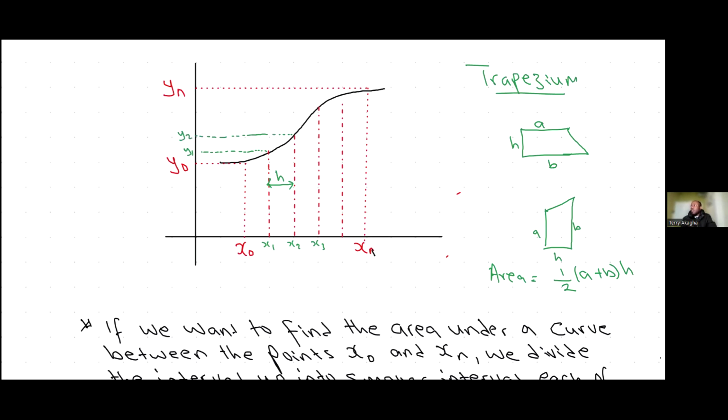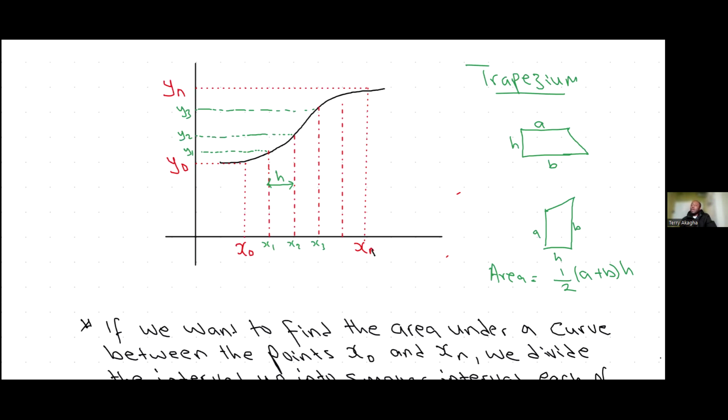And the y value for this one is going to be called y3. So that means when you divide it into smaller intervals, there will be values between y0 and yn, and there'll be different y values between. And between x0 and xn, there's going to be different x values between them.